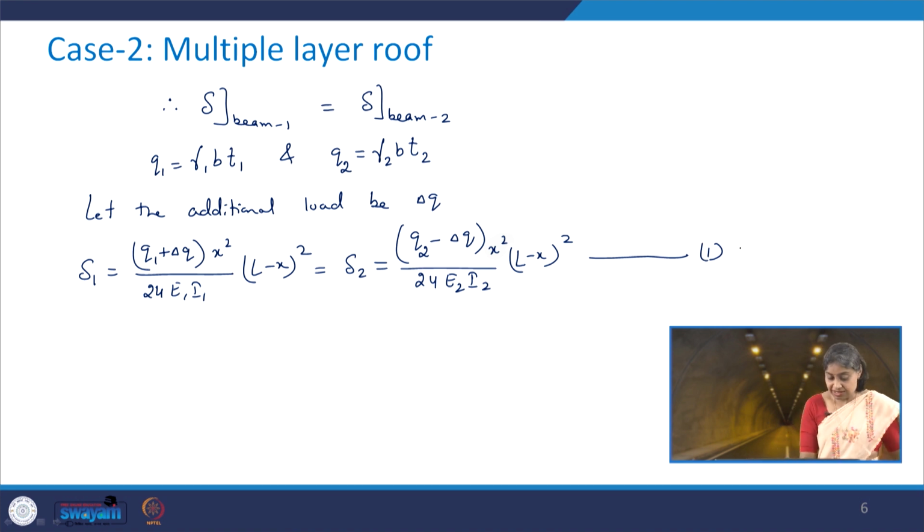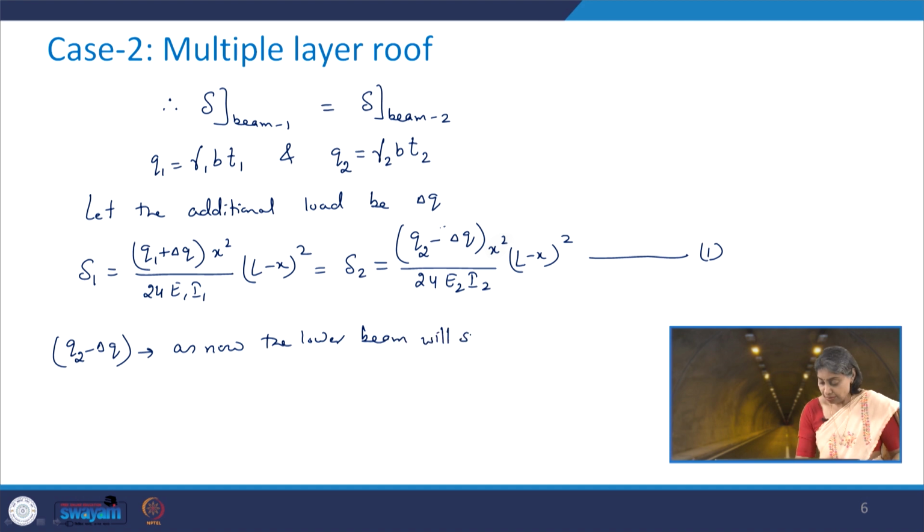In this case, for the second beam, why we are taking Q2 minus delta Q is that the lower beam will support the other beam.